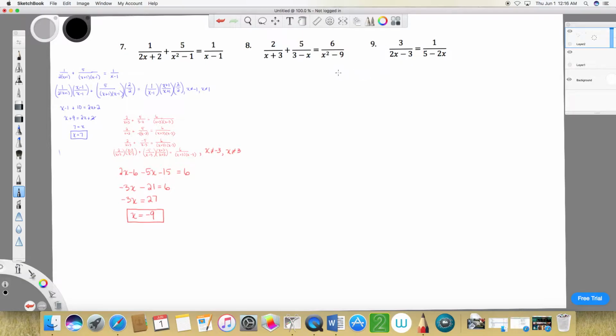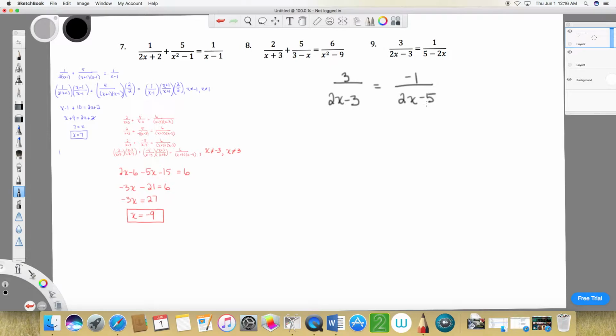On the left-hand side, I'm going to leave this fraction alone and have this 3 over 2x minus 3. But on the right-hand side, I'm going to change the order of this subtraction and make it 2x minus 5. And I'm going to make that numerator a negative sign. So I can do that. You can go back and look at that previous steps and justify me doing that.